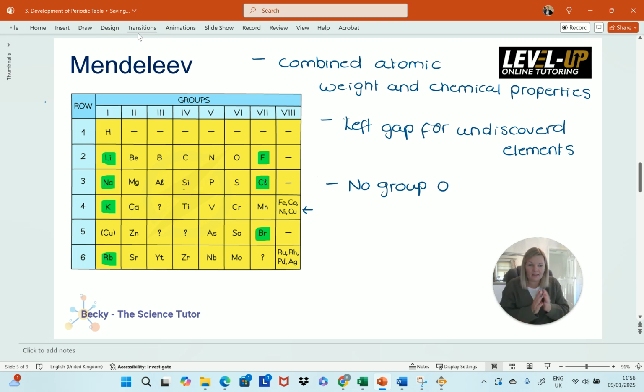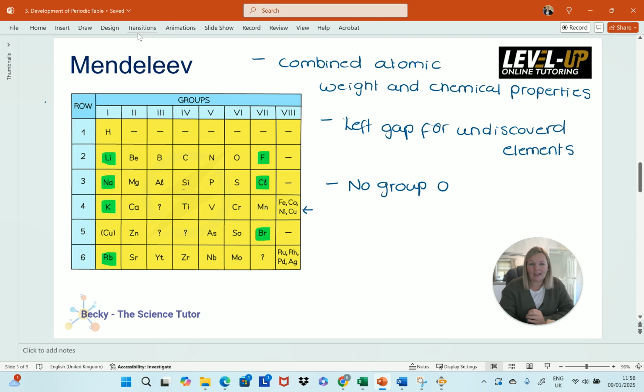That is an extension of where the table has been developed, and although he has recognised that those metals like copper don't quite fit in with group 1, we haven't got the transition element section either yet. Those are all developments that were yet to come, but he was definitely the pioneer of leading the way to where we are with the modern periodic table.